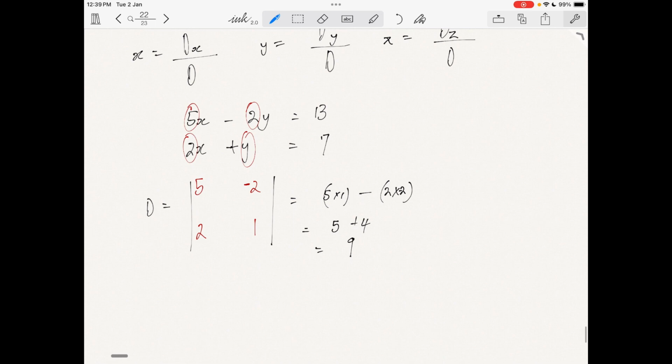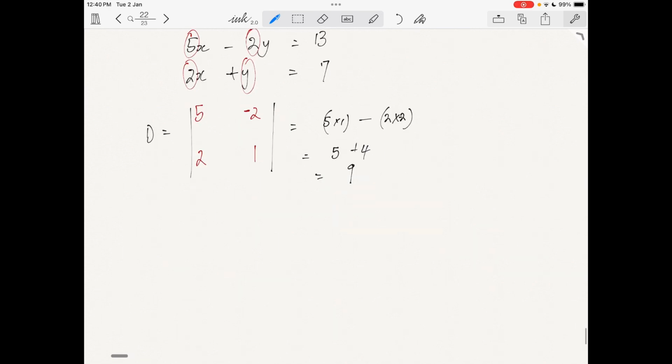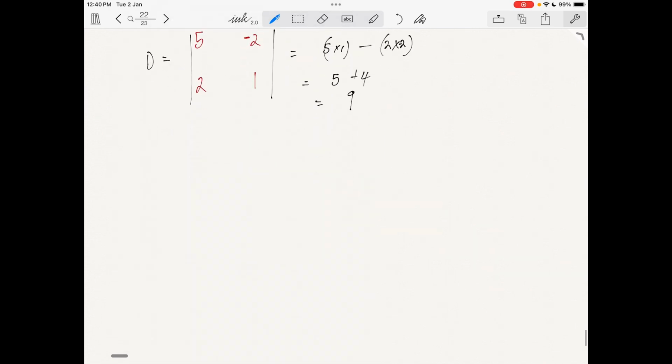So once we are able to evaluate the determinant, what about dx? Let's rewrite it again: 5x minus 2y is equal to 13, 2x plus y is equal to 7.